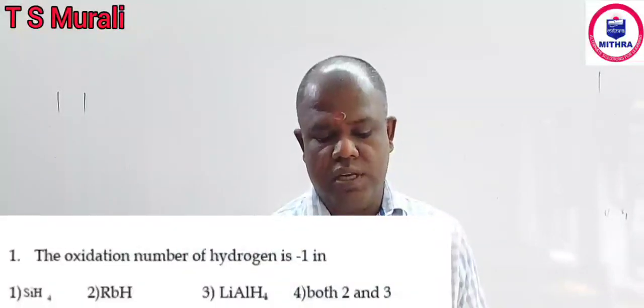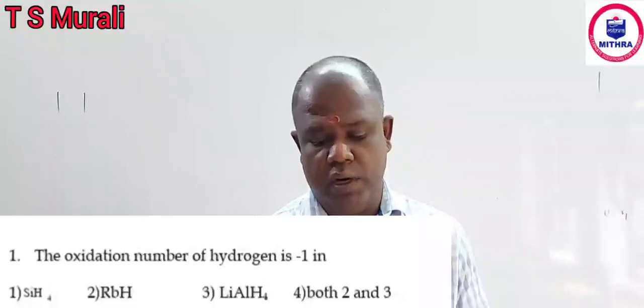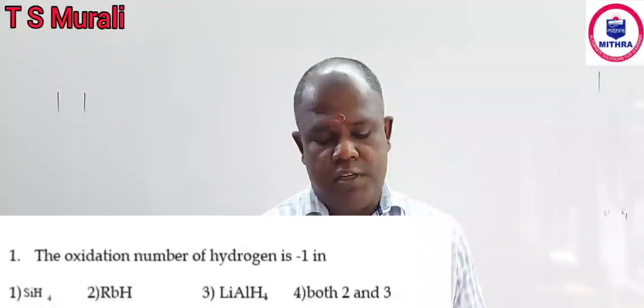First question: the oxidation number of hydrogen is -1 in which of the options: SiH4, RbH and LiAlH4, lithium aluminum hydride. See, in SiH4 hydrogen is in +1 state. RbH, rubidium: first group and second group elements, when joined with hydrogen, first group +1, second group +2.